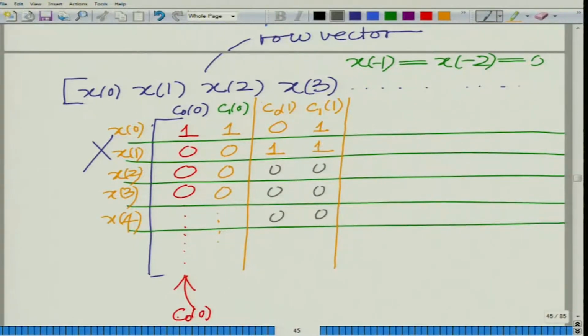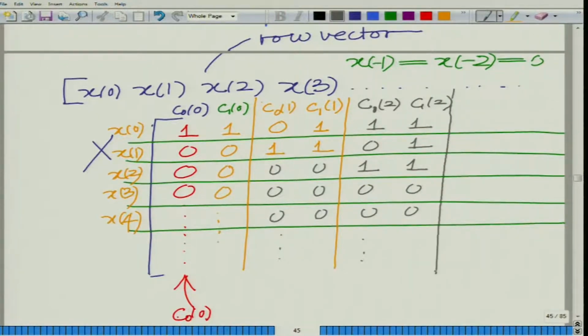And now similarly you have C0 of 2 and C1 of 2. C0 of 2 is x of 2 plus 0 times x of 1 plus 1 times x of 0. C1 of 2 is 1 times x of 2 plus 1 times x of 1 plus 1 times x of 0; the rest, x3, x4 and so on, do not enter the picture.